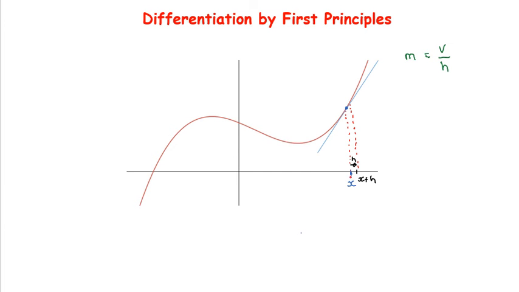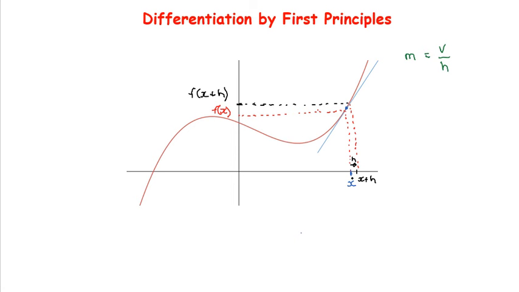Now for the point x where it reaches the graph, the value of the graph, if I look over to the y-axis, remember the value of the graph you can think of as the height of the graph. The value of the graph at x would be f of x. And then for x plus h, this other point that I've made, if I trace that across, the value of the graph here would be f of x plus h instead.